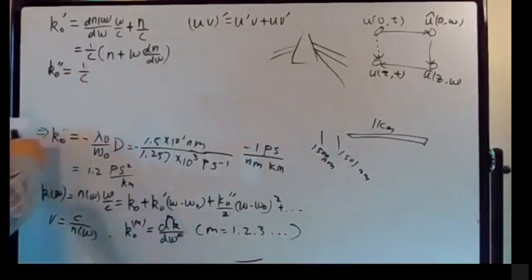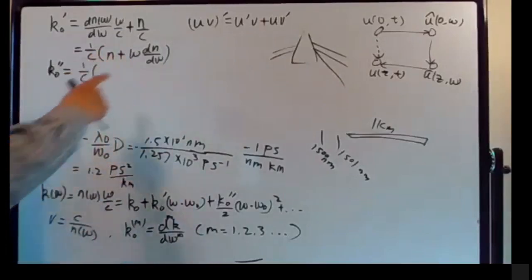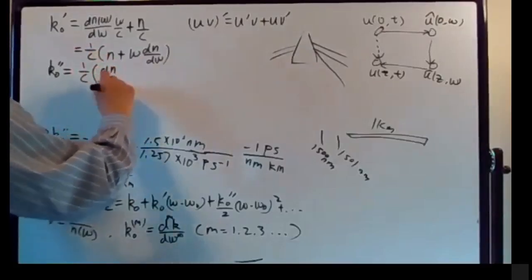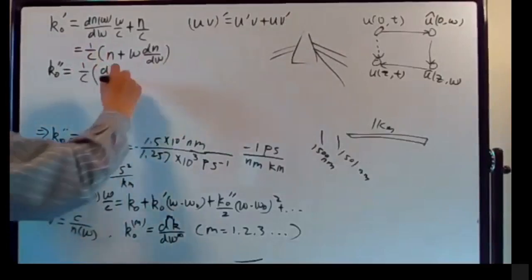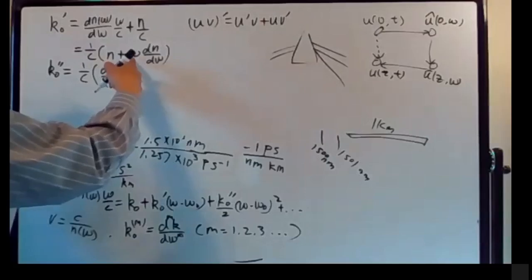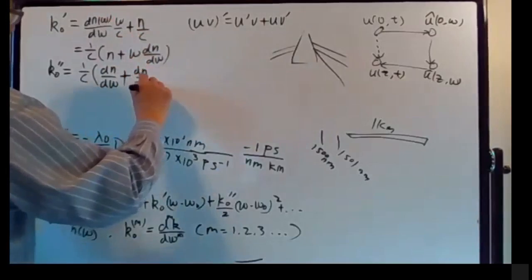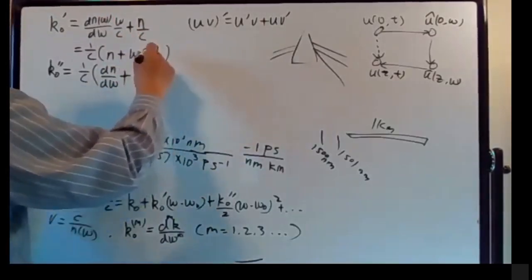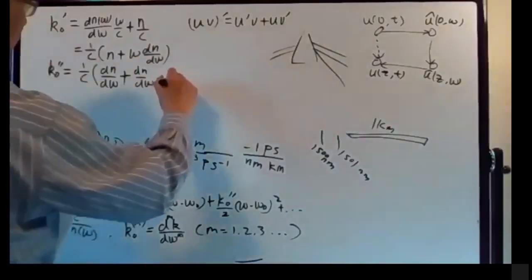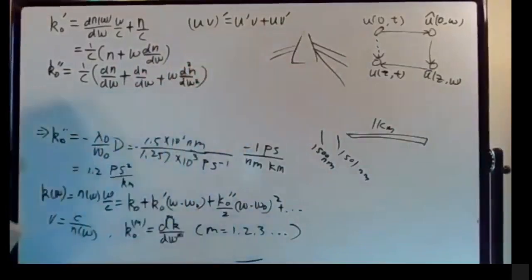So here we have the dn d omega, and then plus, the derivative of omega is just simply 1, so dn d omega, and plus omega times the derivative of the first derivative, which gives us the second derivative, d squared n d omega squared.